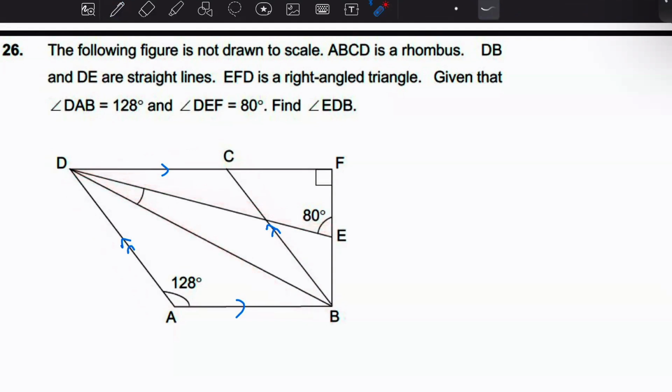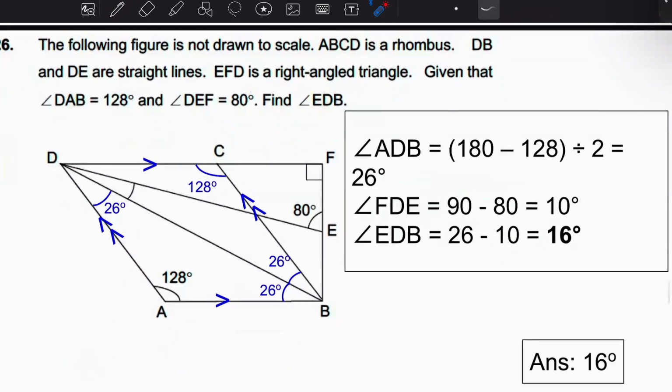Then EFD is a right angle triangle. So EFD is here. Right angle triangle means that inside the triangle, you have one right angle here. So when they say a right angle, you know that this is 90 degrees. Given that angle DAB is 128 and angle DEF is 80, find angle EDB. Okay.